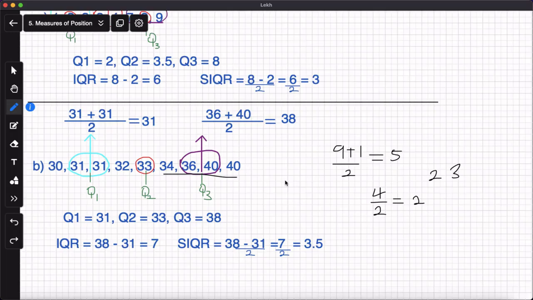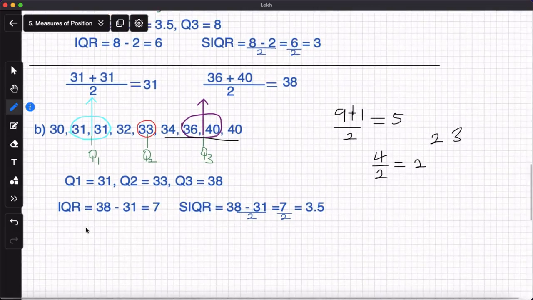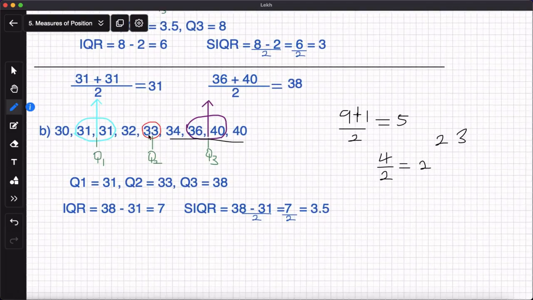You are doing 9 plus 1 because 9 is odd. So 9 plus 1 gives you 10, divided by 2, that is 5. The 5th observation is our median, and that happens to be 33. So you now have 4 observations to the left and 4 observations to the right.